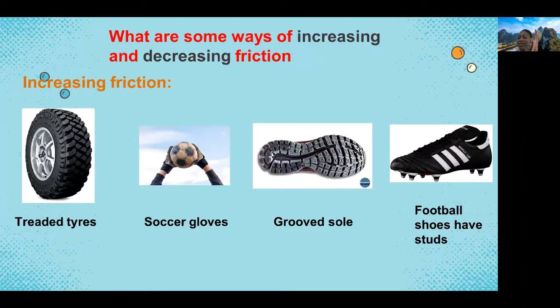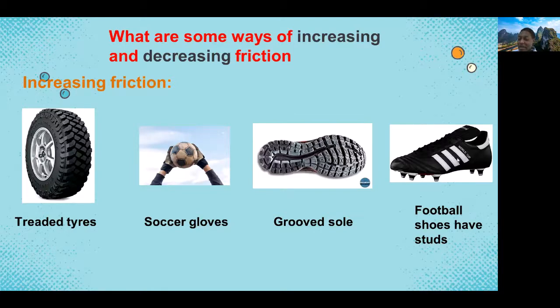The gloves are rough so that the roughness of the gloves can stop the ball from slipping off your hands. And what about the shoe sole? Shoe soles are very rough, so that you can walk without falling down.